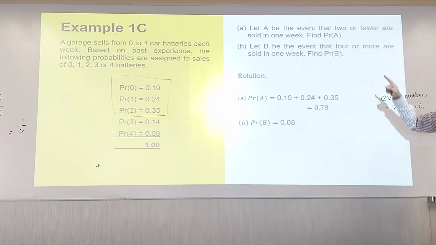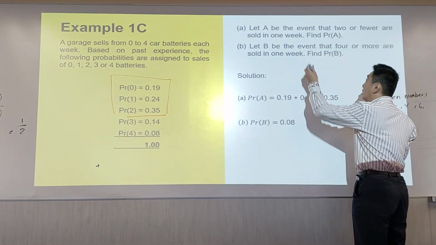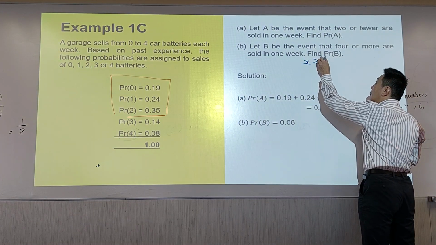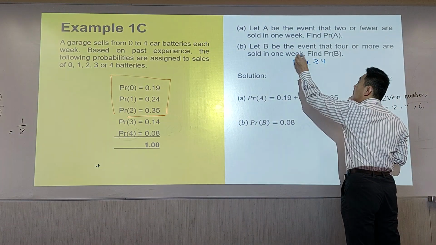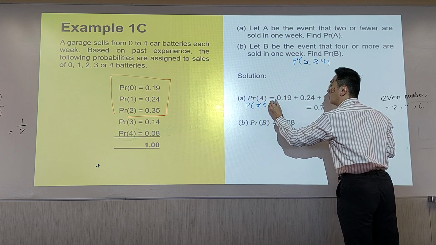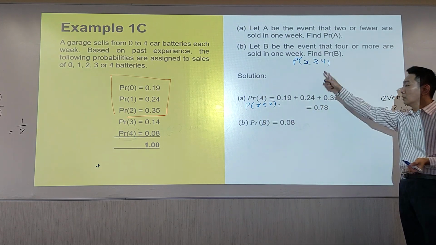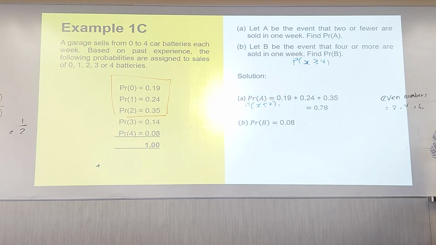Alright, B. Let B be the event that 4 or more. 4 or more means that X is greater than or equal to 4. So we have to include this. This one is probability X less than or equal to 2. B is probability X greater than or equal to 4.